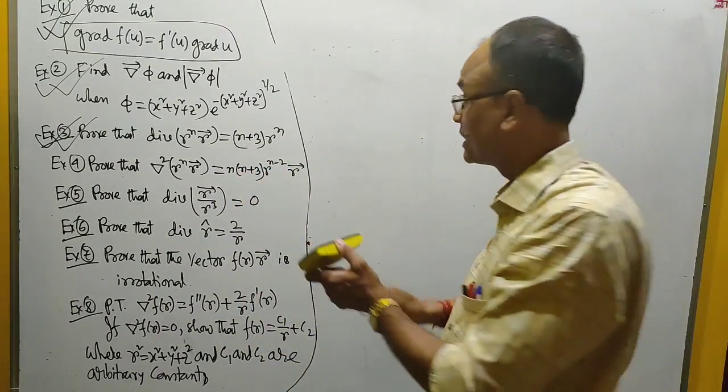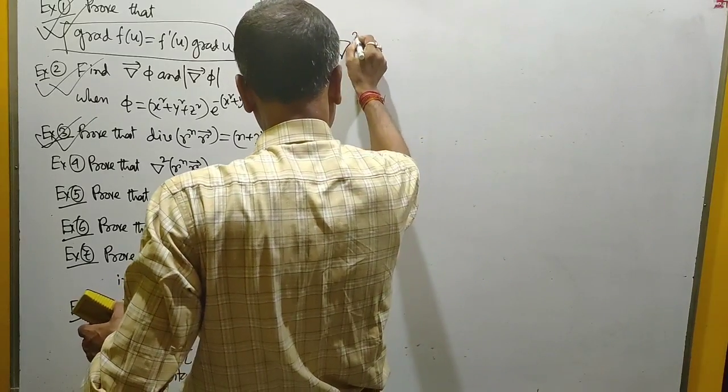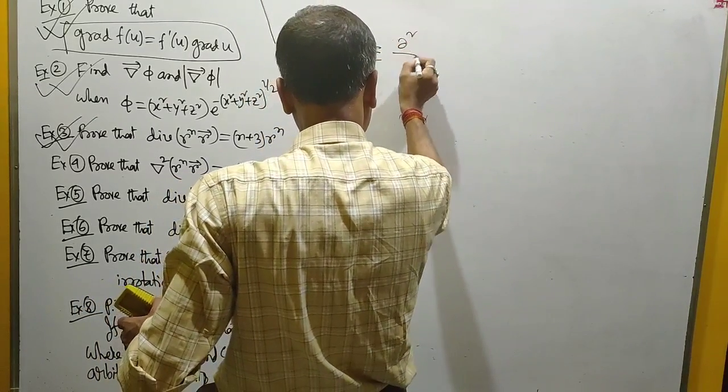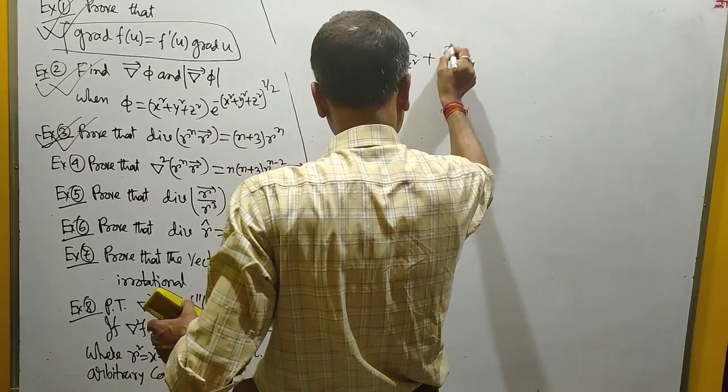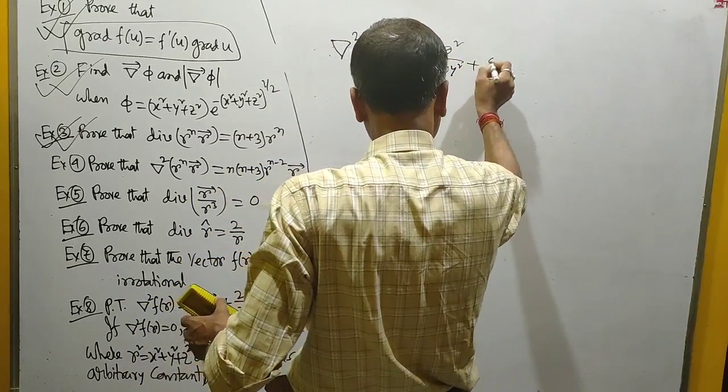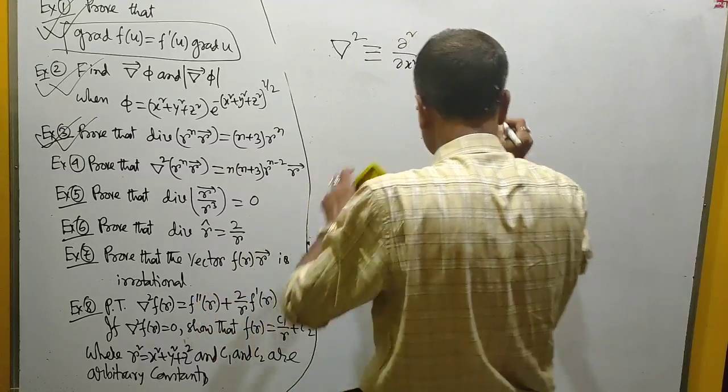The Laplace square is called the Laplacian operator. It stands for del square by del x square plus del square by del y square plus del square by del z square.